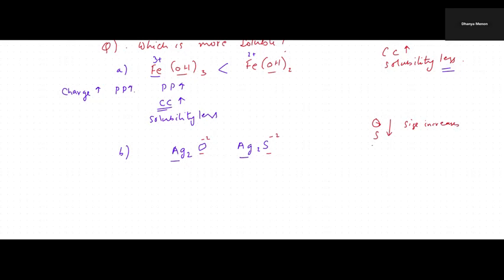Sulfur. If the anion is larger, polarizing is more. Covalent character is more. So sulfur has a larger size, polarizing is more, covalent character is more. So less solubility. Silver oxide has more solubility.